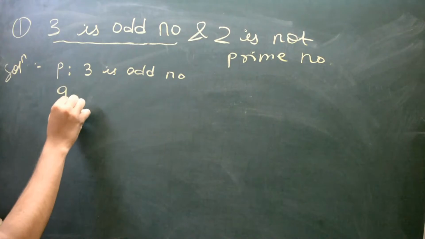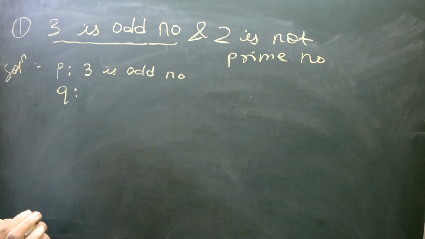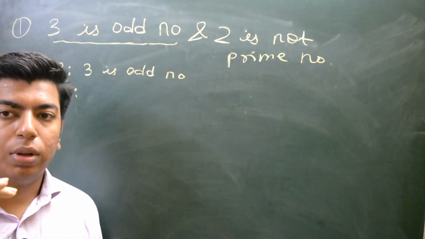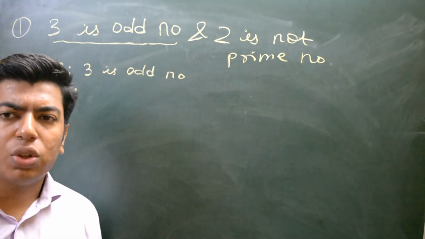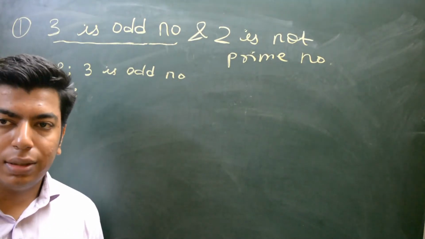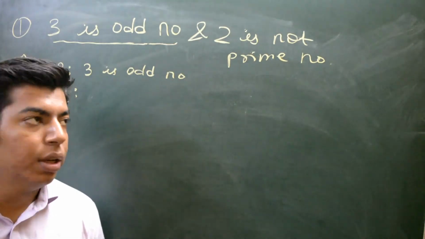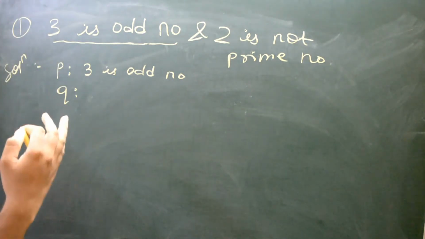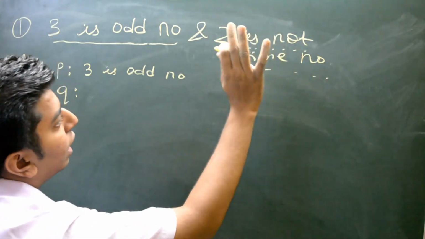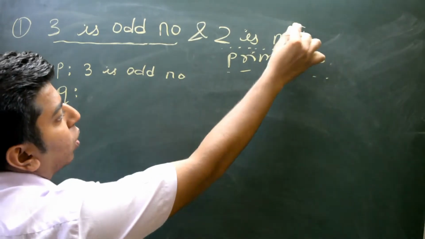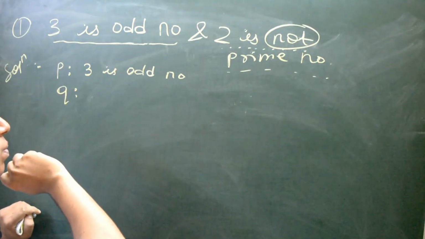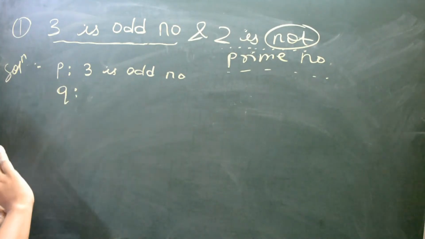Then Q is, we will generally consider P and Q as positive, meaning you do not include the not in that, so that you can easily get the negation of it. So consider just a positive statement, that is, 2 is a prime number. Don't consider this not, we will consider it in the negation of Q. Clear?